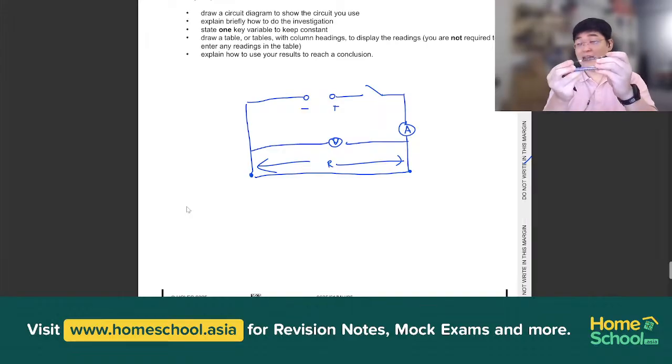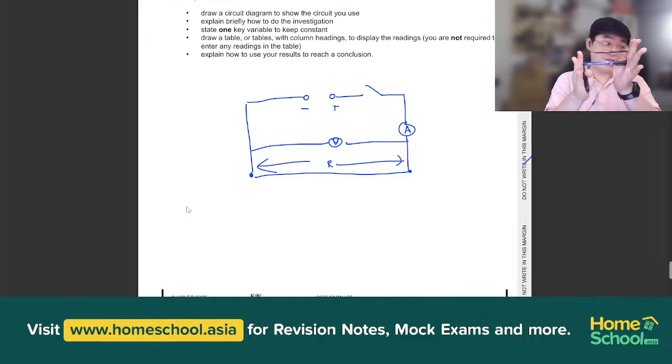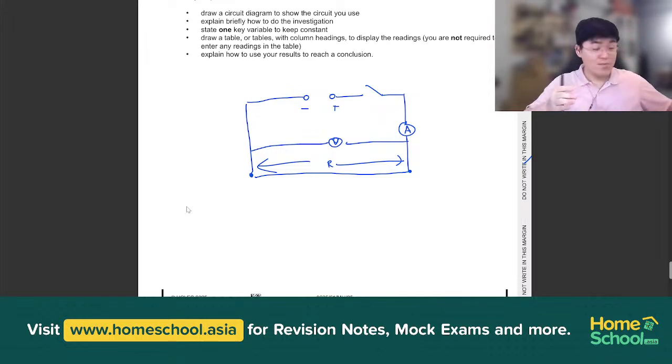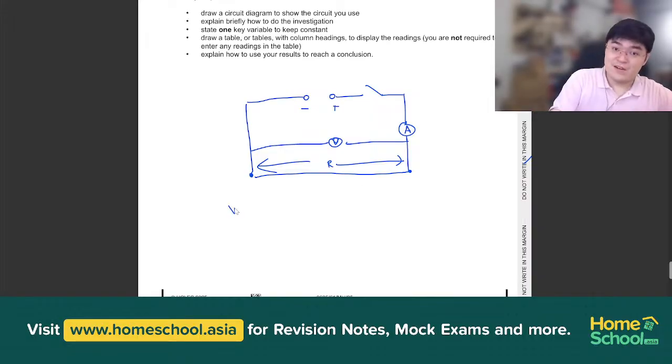They have to be the same length, to be fair. It should be the same length for this whole experiment. So the one variable to be kept constant should be the length of wire.